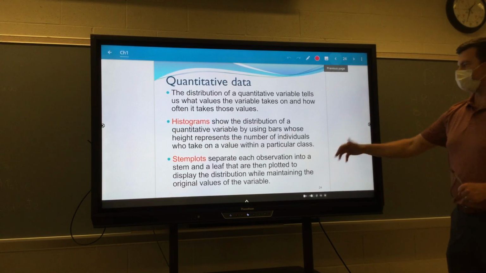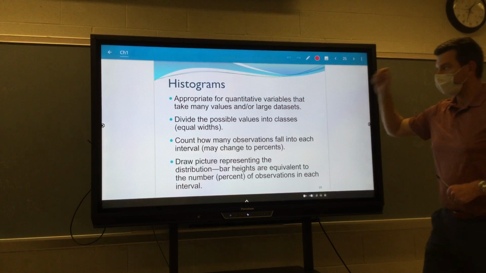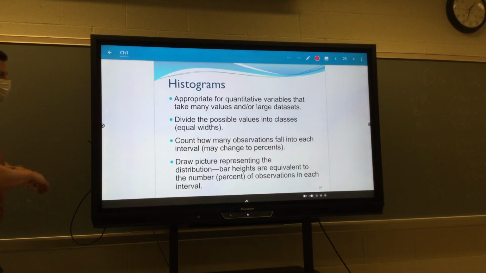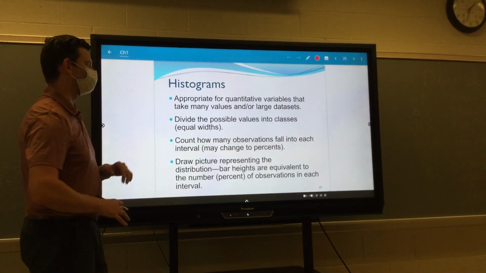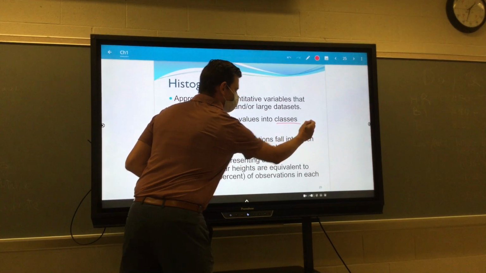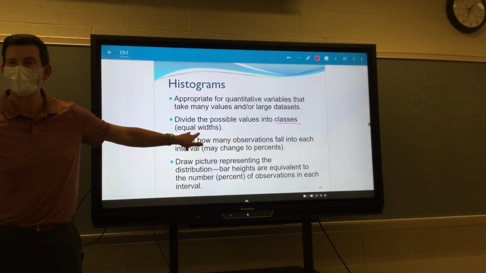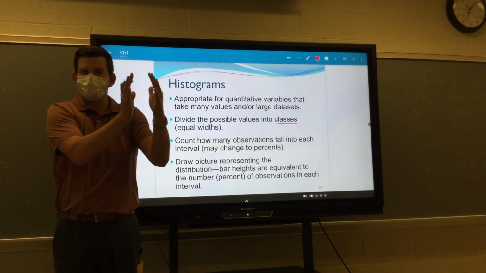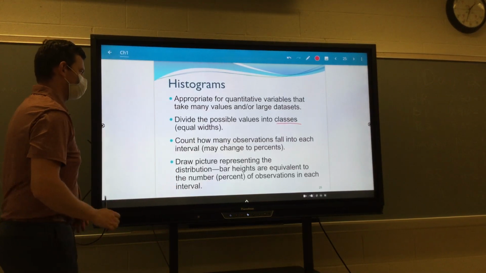Okay? So with this histogram, I'll come back to stem plots in a second. You take an appropriate quantitative variable and split it into different regions. You're dividing the possible values into classes, as they are called. Now, they do need to be the same width. You can't have one that's really wide and then another that's really narrow, because then you're misleading and skewing the data.